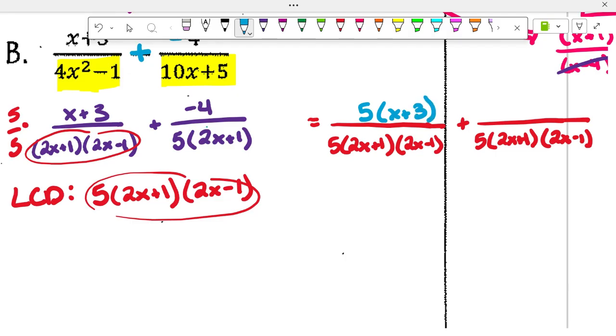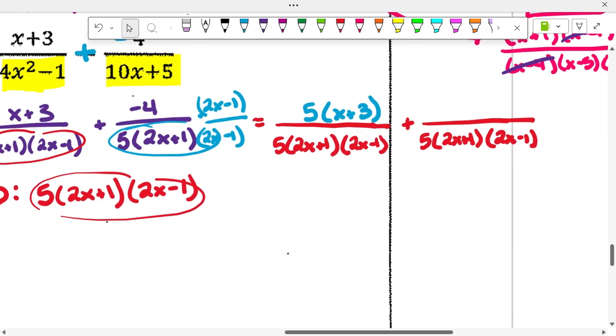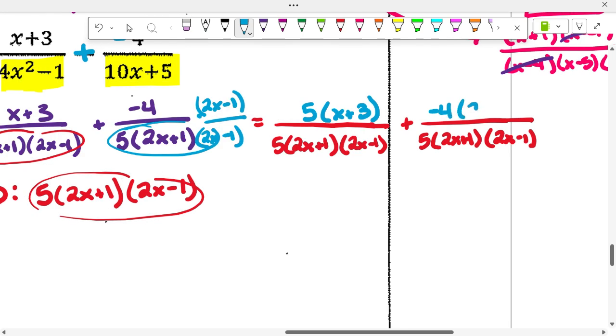Second one, what's missing from the current denominator and the LCD? 2x minus 1. So I'm going to multiply top and bottom by 2x minus 1. So this would be negative 4 times 2x minus 1.